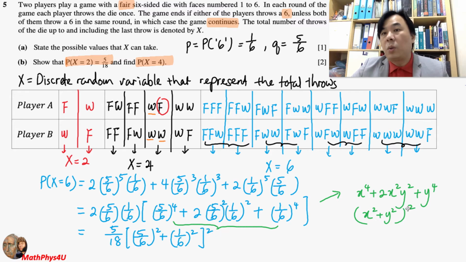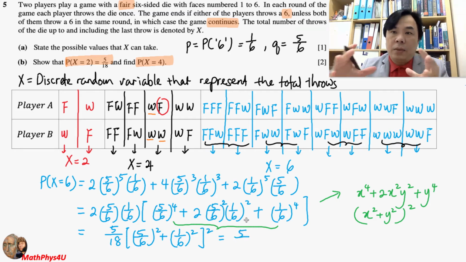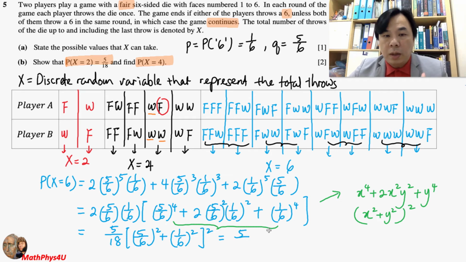So from here, I'm not going to get the final answer in fraction form, but I rather leave it as a product. Sometimes more is better, right? In this case, I would say so. So from here, you notice that there is actually 13 over 18 squared. I hope that is clear.